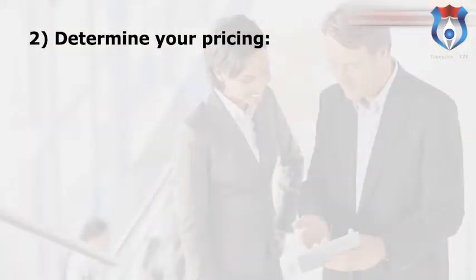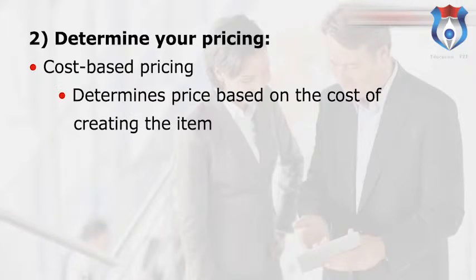Now that we've identified what types of costs are commonly associated with your business, you need to come up with a price. And I know that makes you smile, right? So, how do you in fact determine pricing for your product or service? There are two ways of approaching this. The first is cost-based pricing. Take the cost it actually took to manufacture or create the item and adjust accordingly from there.